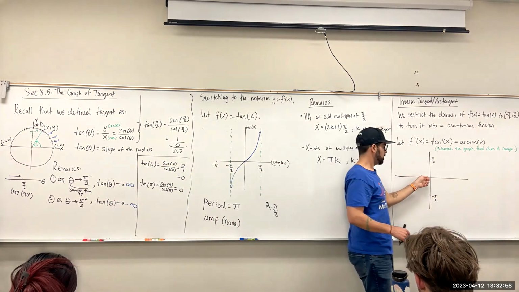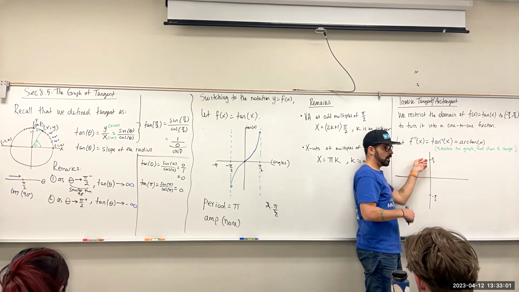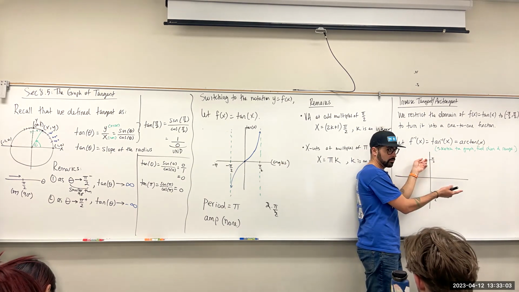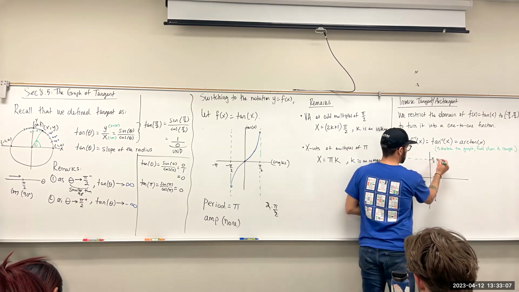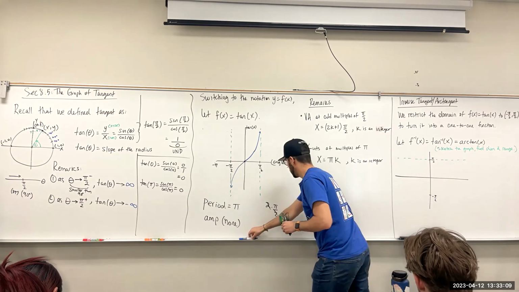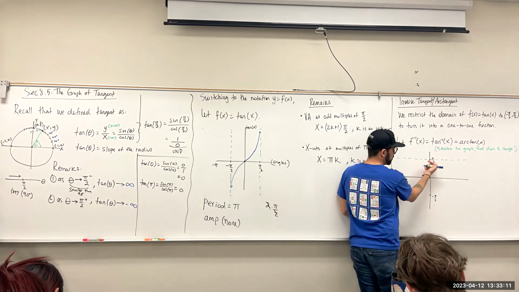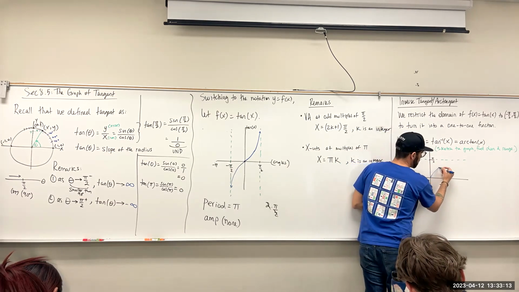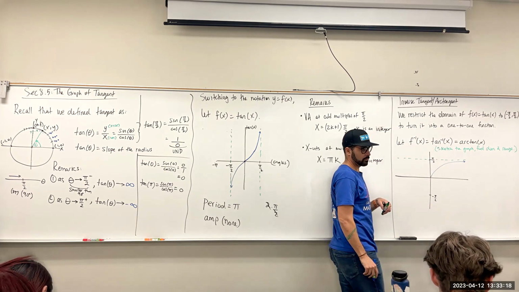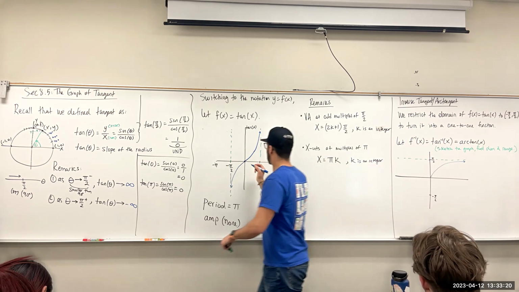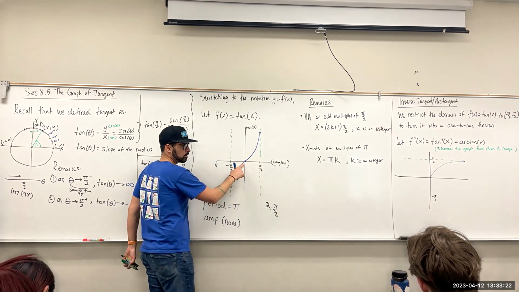So as I approach pi over 2, now the x values get really big. So then you're going to end up with a horizontal asymptote here now. Like that. Okay? It includes the point 0, 0, right?